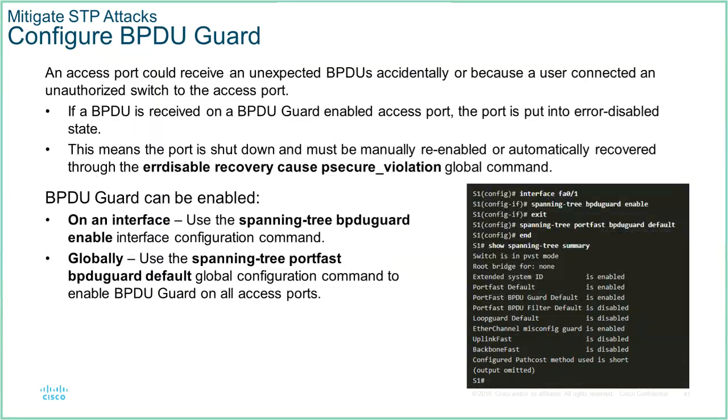That means wherever we have PortFast enabled, we're going to have the guard enabled by default. That is a good way of using a default value so that any port that is in PortFast will have the guard setting.